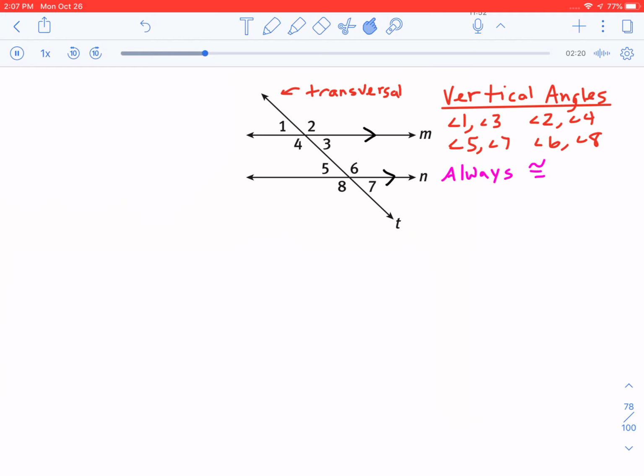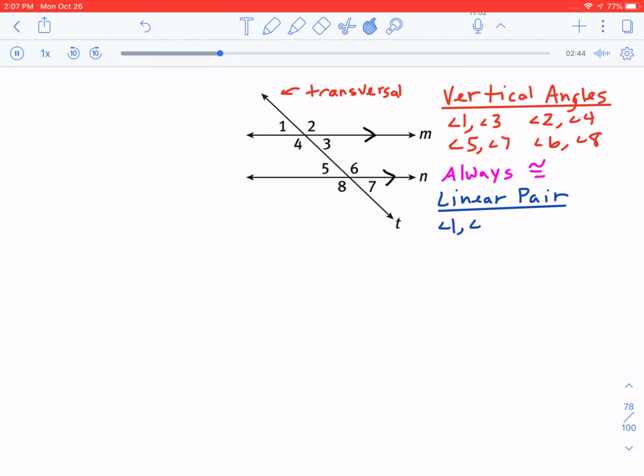So the next relationship I want us to look at is linear pair. Both of these two, by the way, are review. These first two things are review. I'm not going to list every linear pair because there are actually 8 different pairs.